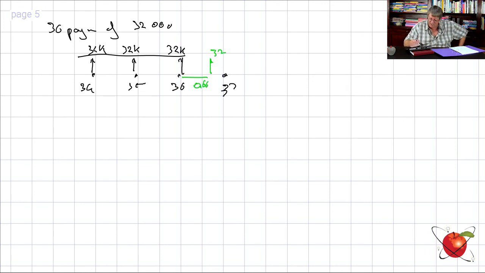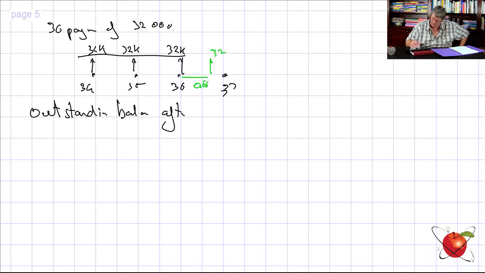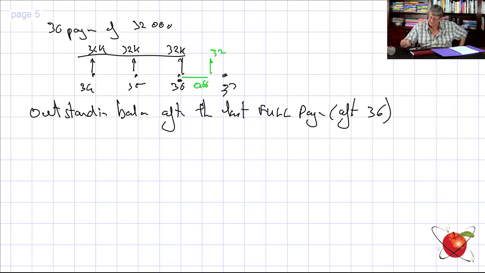So what we're asking now is, what is the outstanding balance after the last full payment? In other words, at that point, we want to know after number 36 has been paid. And we work that out as follows. We say, how much is left to pay?